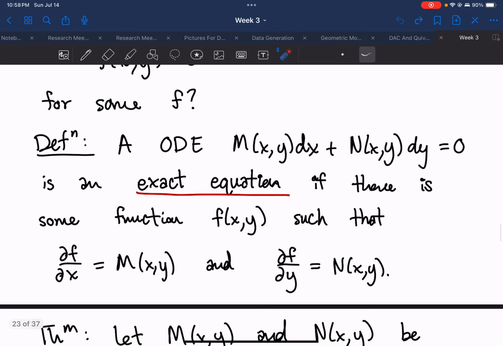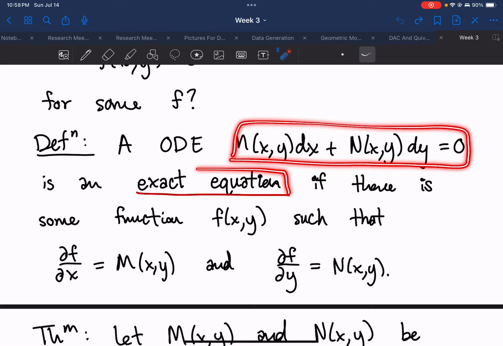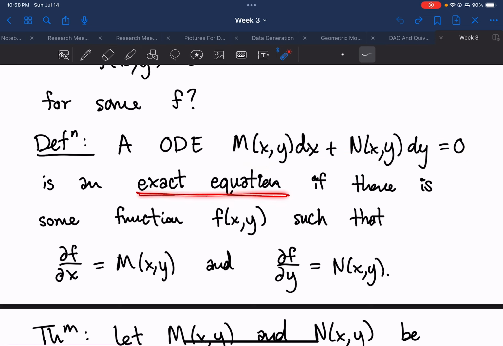An ODE of this form is exact if there is some function f such that the partial of f with respect to x is equal to M, and the partial of f with respect to y is equal to N. In that case, we say that this is an exact equation.